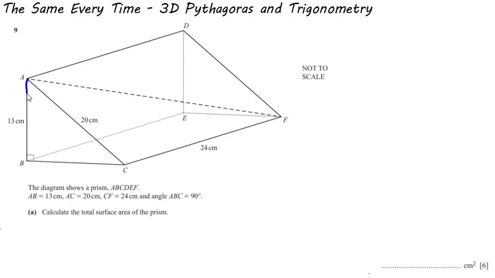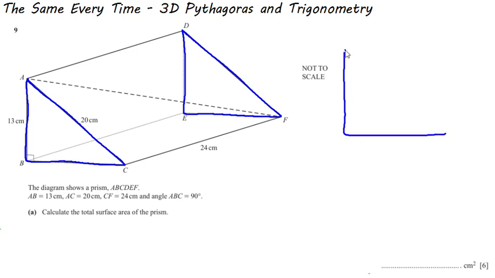We've got this triangle at the front, and at the back we have exactly the same triangle. So we need to work out the area of that triangle and multiply by 2.